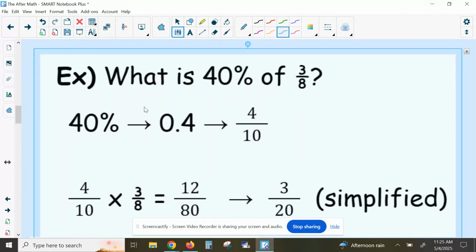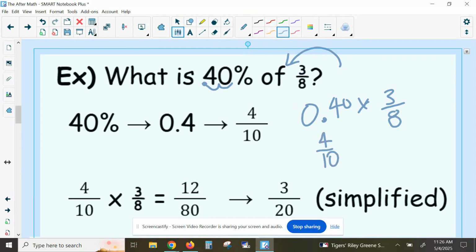Same thing with this. If you have the of, that means multiply. So you're actually doing 0.4 because you move this over, boom, boom, 2 places. And remember, you could drop off this extra 0 if you want, times 3/8. Now, if you're doing this by hand, you're not going to want to try to have decimals and fractions in the same problem. So you probably change this 0.4 to 4 tenths. And then you could do 4 tenths times 3/8.